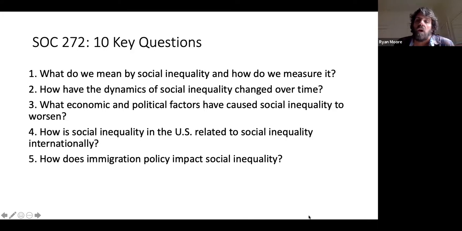And so, as per the fourth question, we will look at some comparisons between the United States and other countries around the world. We will also consider how American policy has impacted other societies, particularly the military and economic policy of the United States, and its large empire of military domination and financial domination.